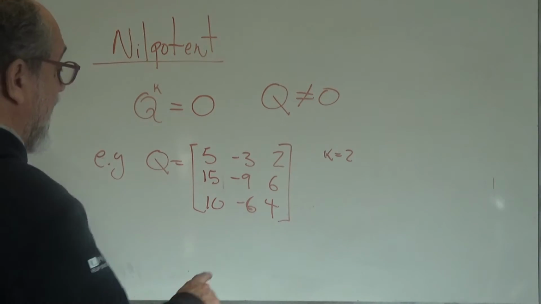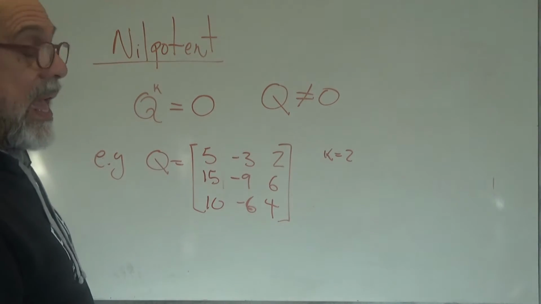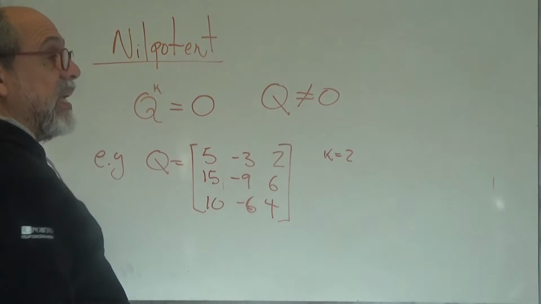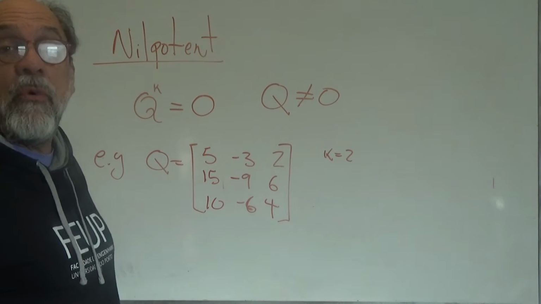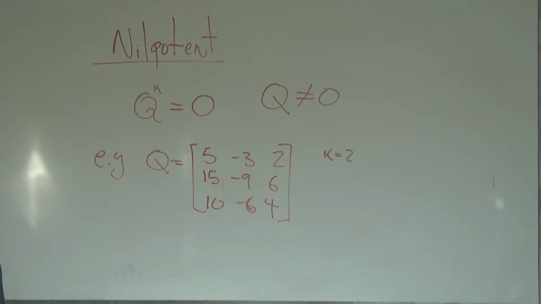That is, if I have a 3 by 3, and when I put the power 3 it is not 0, there is no point in searching for power 4 or 5 or 6 because it is not possible to make it 0. The matrix is not nilpotent. If I have a 10 by 10 matrix and it is nilpotent, the power must be 10 or less: 10, 9, 8, 7, 6, etc. But it cannot be 11 or 12, right?